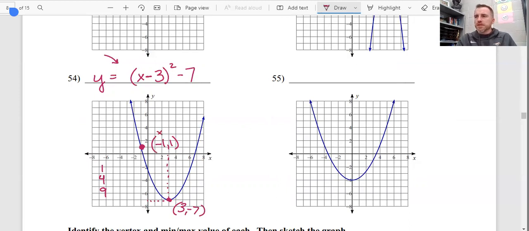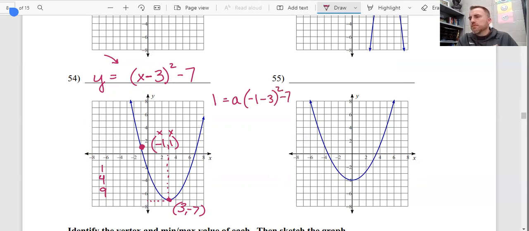So what we're going to do is take our equation that we've written so far, and plug in the y value of 1. It's equal to a, which is some stretch factor, times the x value that we got, -1 - 3 squared, -7.